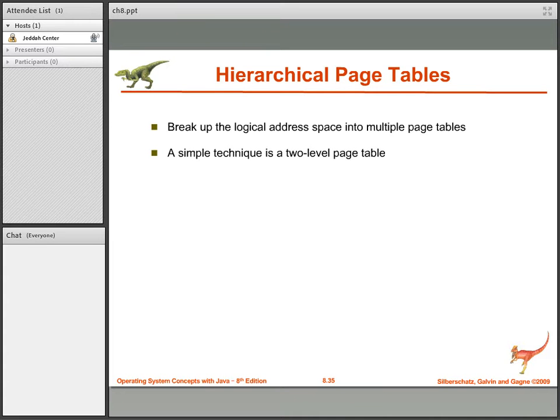So you have the logical address space that is generated by the CPU. You break it up into more than one page table, and you connect the page tables in a hierarchy. A simple technique is to have 2 levels, but it could be more.